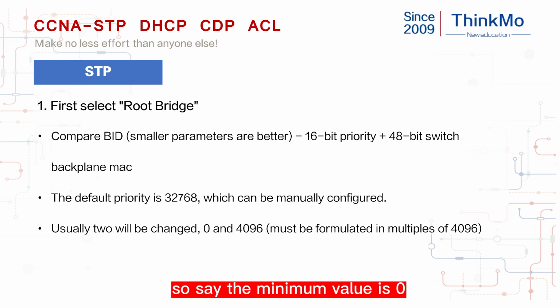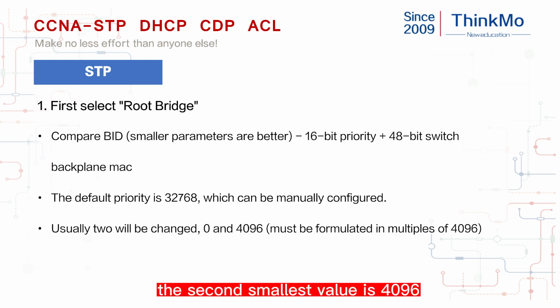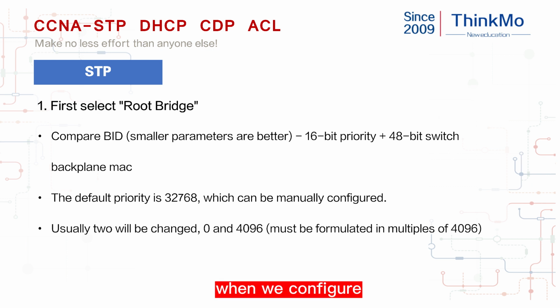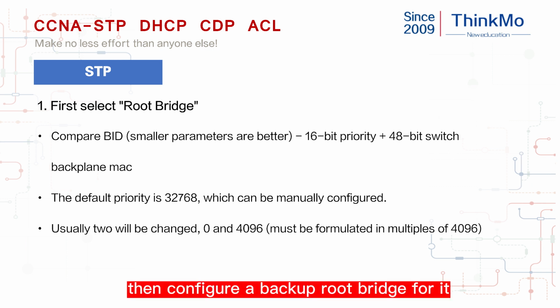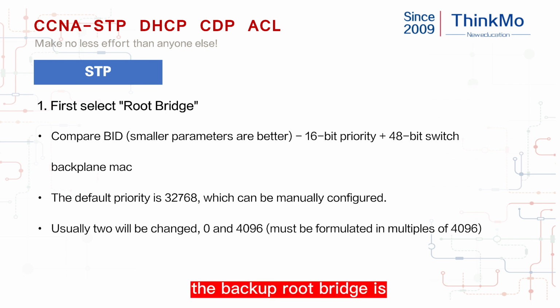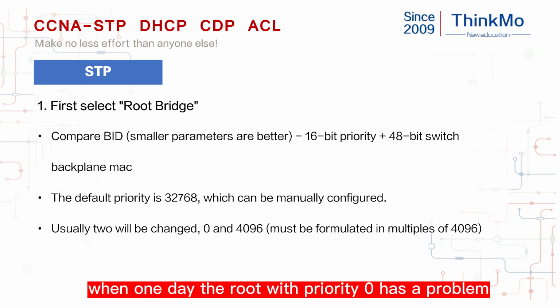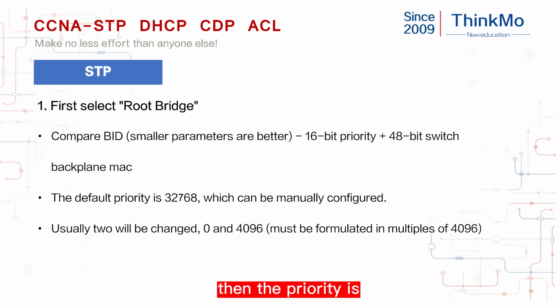So the minimum value is 0, and the second smallest value is 4096. When we configure a root bridge and then configure a backup root bridge, the backup root bridge is for when one day the root with priority 0 has a problem. Then the device with priority 4096 becomes the root.